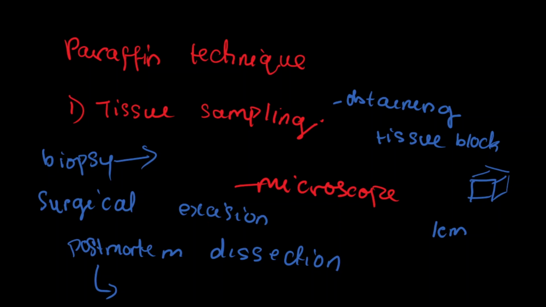The next step we'll be considering is fixing. After this tissue block has been gotten, it's good for us to take note of the fact that this tissue block is no longer in a living thing. Okay, so it's been deprived of oxygen.